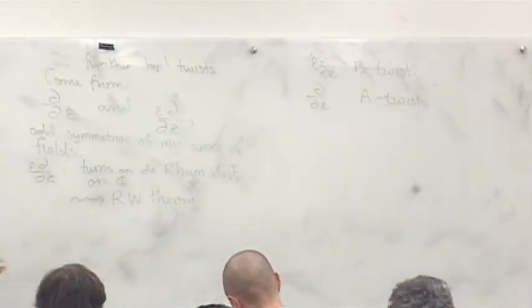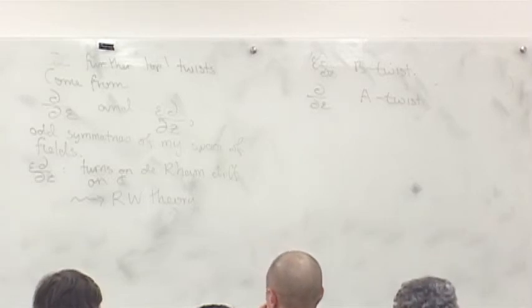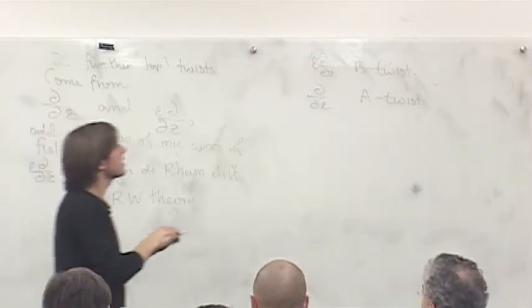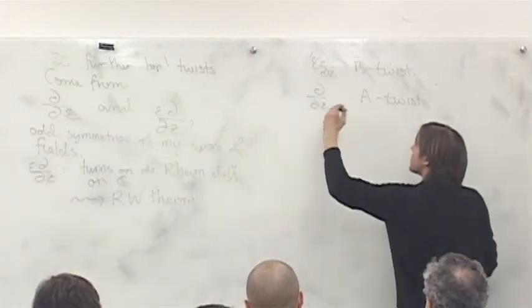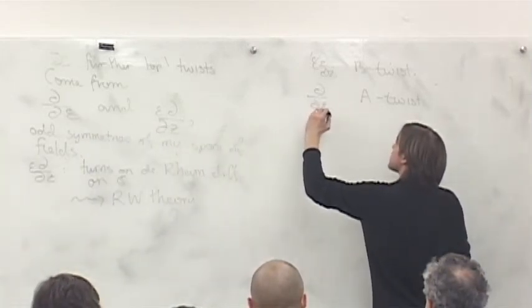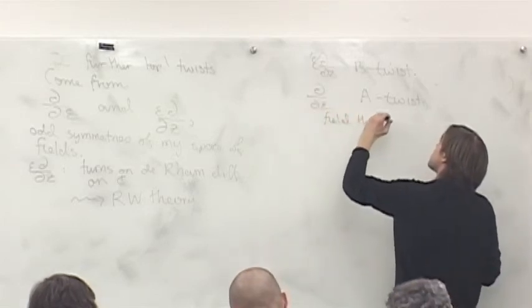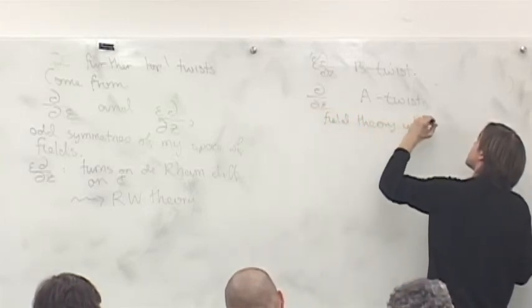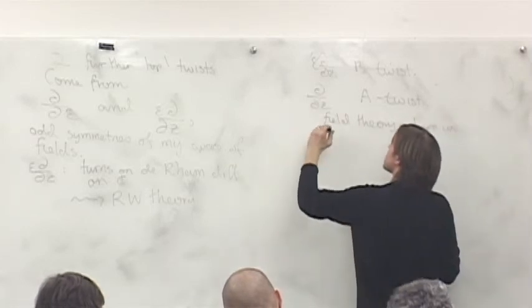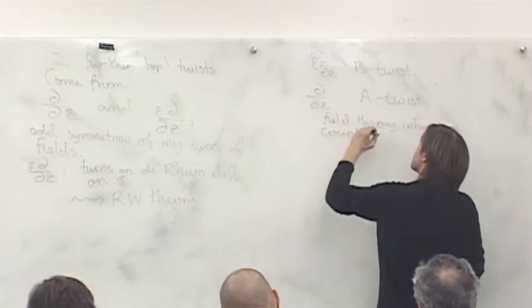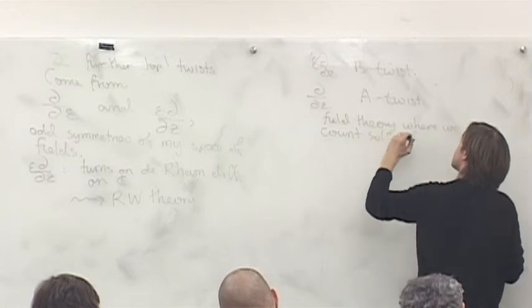Well, just like the A model in 2 dimensions, this turns this into a field theory which in perturbation theory has nothing interesting going on. But this makes a field theory where we count solutions of the equations of motion.